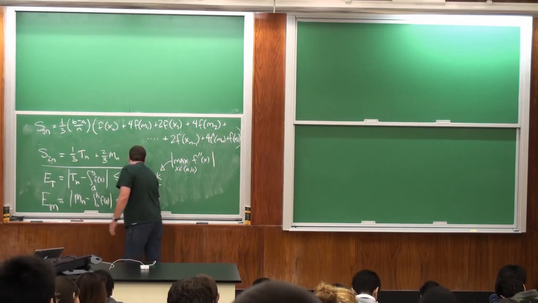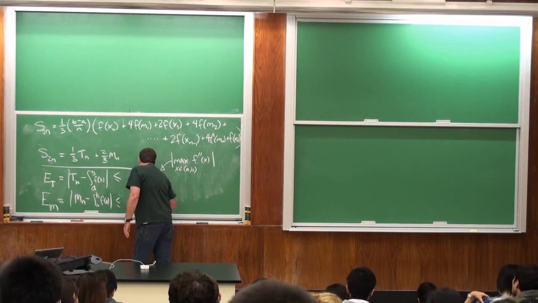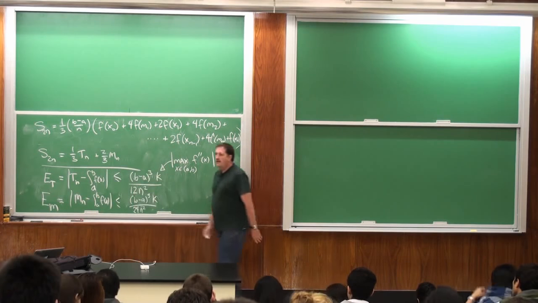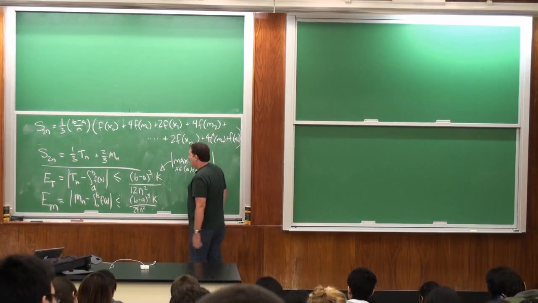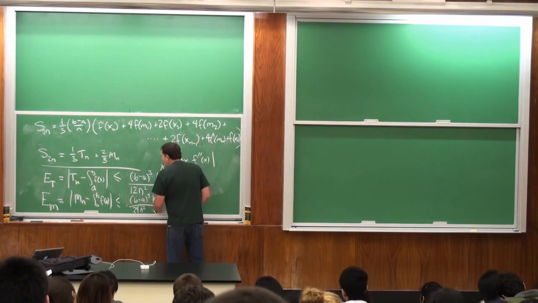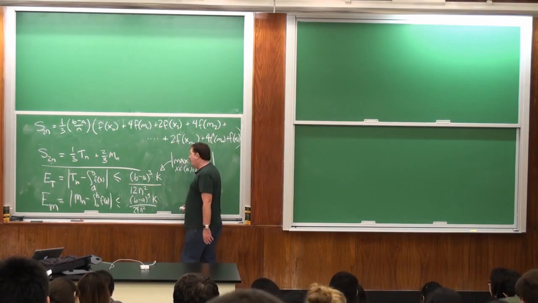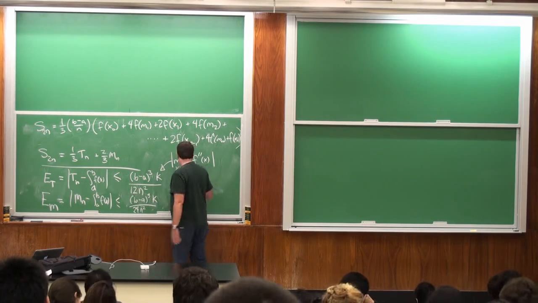Is less than the same thing, (b minus a) cubed k over 24 n squared. And Simpson's rule is magic, because for twice as many evaluations, you go from a square to a fourth. So I'll just write it here.